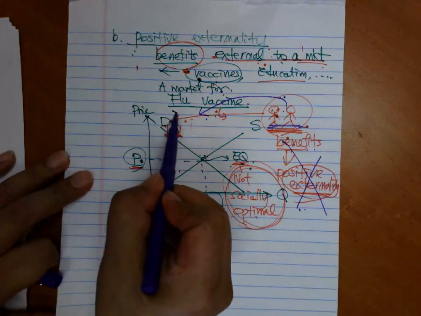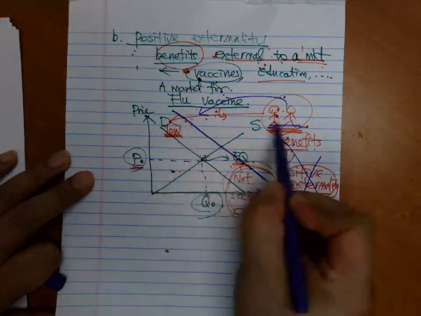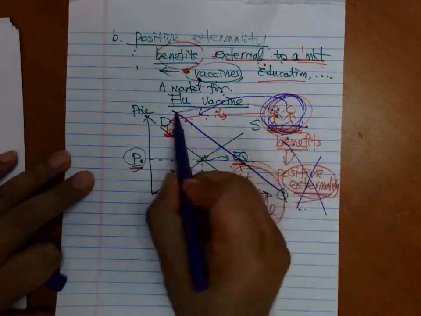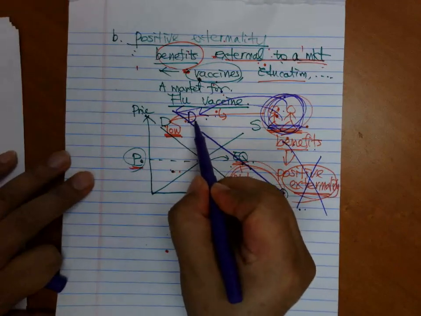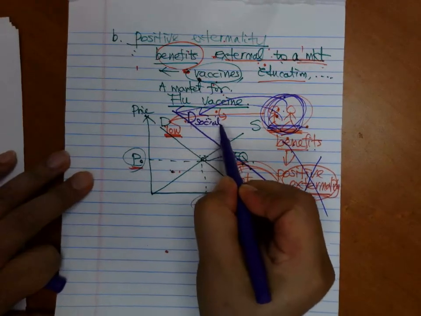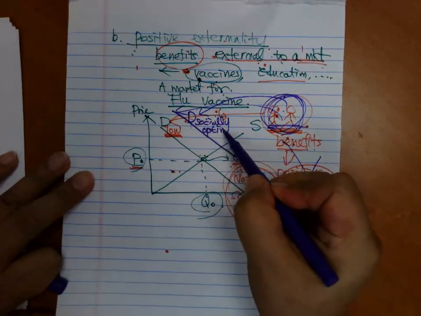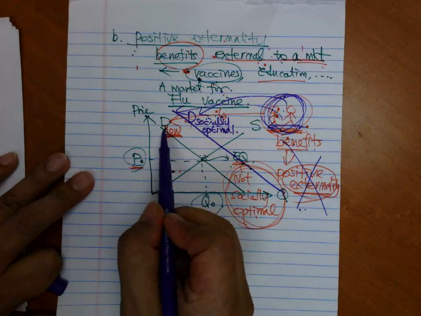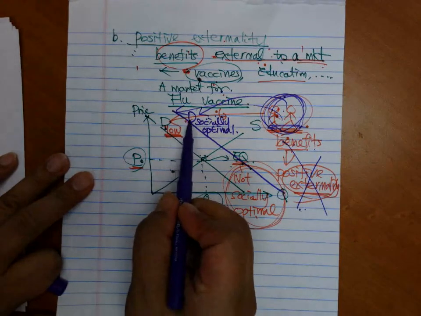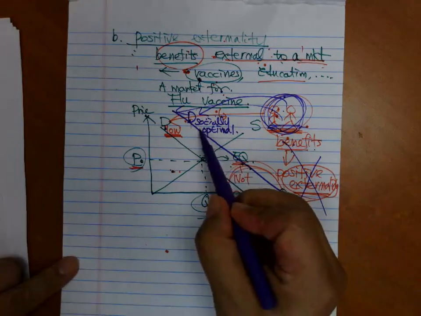This demand is not socially optimal. This is socially optimal. So more people try to get the vaccine. Then under this socially optimal demand, this equilibrium must be the socially optimal equilibrium. At this socially optimal equilibrium, price of vaccine must be set at this level, and more vaccine must be produced and used for this society.